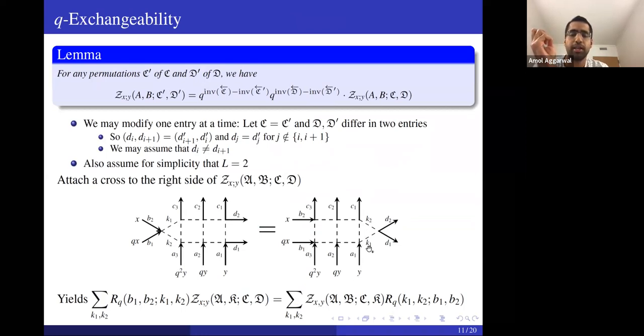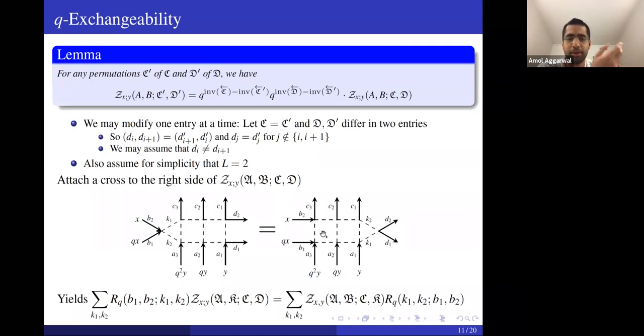Now, if K1 and K2 were both 1, 1, this weight would be 0, right? Because I have one incoming horizontally, one incoming vertically, but only one total arrow outgoing.